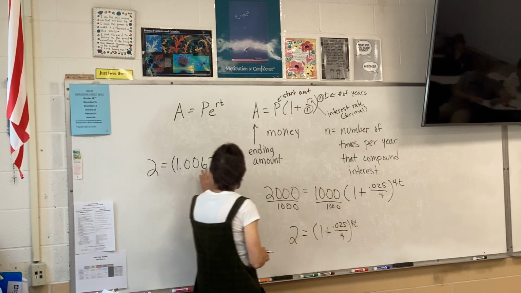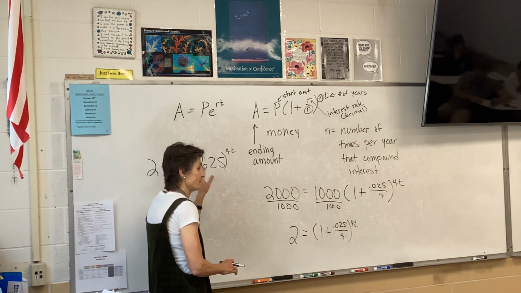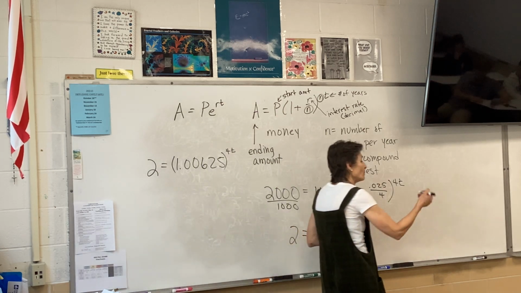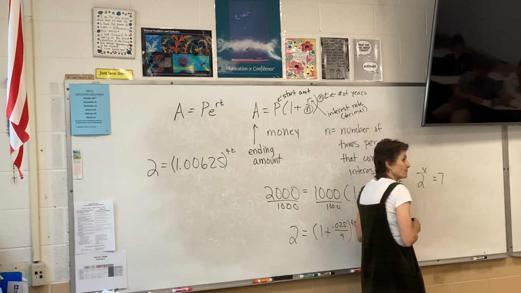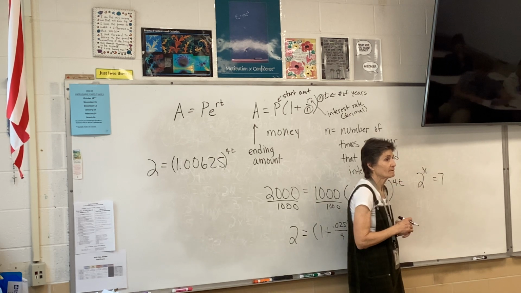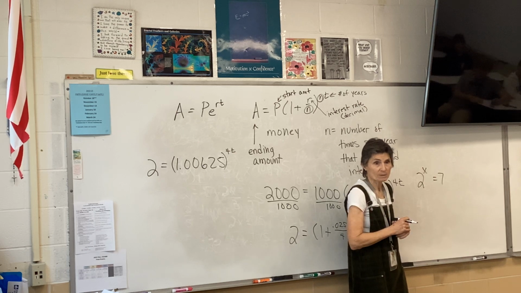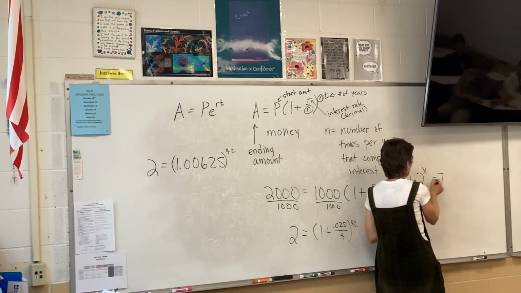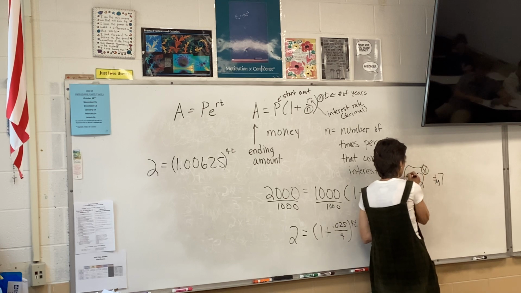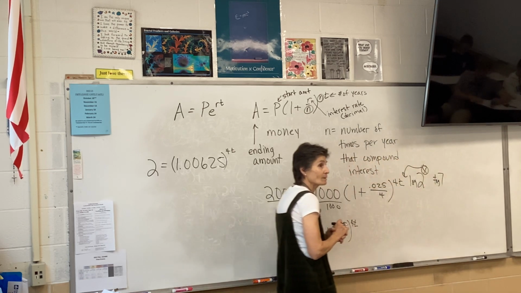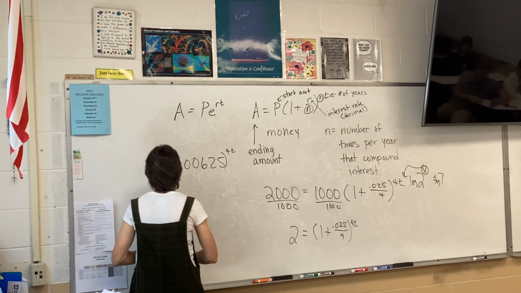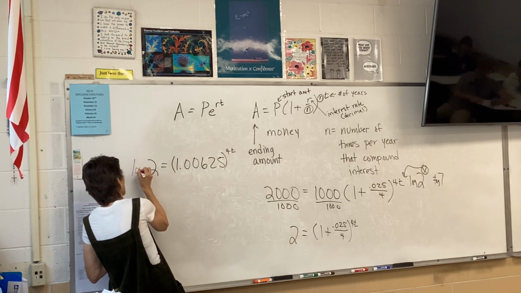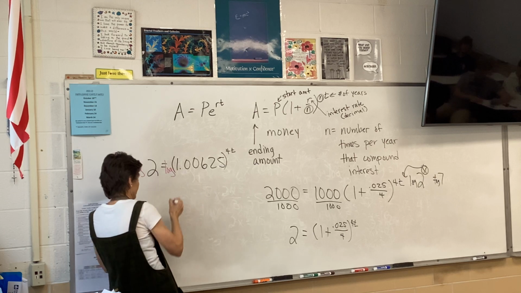It looks a little messier than some of our other ones did. But remember when we had problems like this, 2 to the x equals 7? How did we solve that? We took the logarithm of both sides, because when you take the logarithm of both sides, this guy comes out in front, right? So I'm going to take the logarithm of both sides.